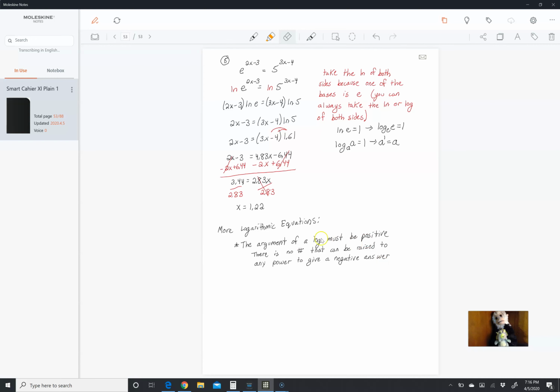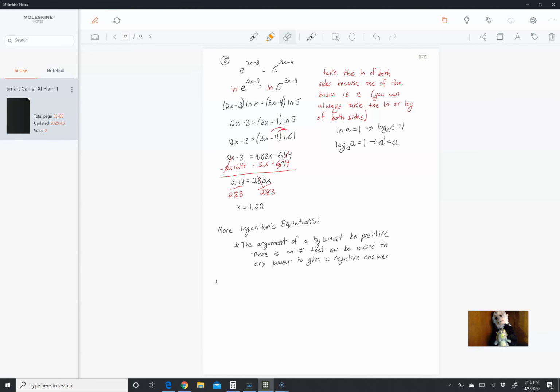Here we have to check for those extraneous solutions again. We have to make sure that when we plug x back in, we don't get a negative argument or an argument of 0. Okay, so let's just take a few different types of equations.